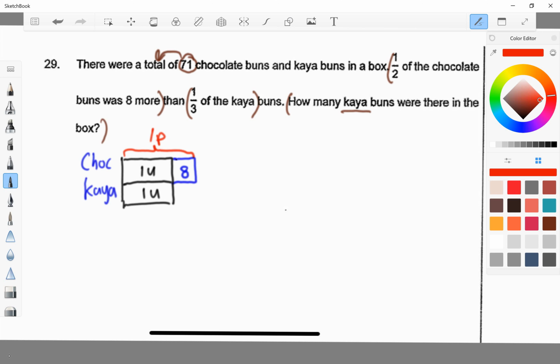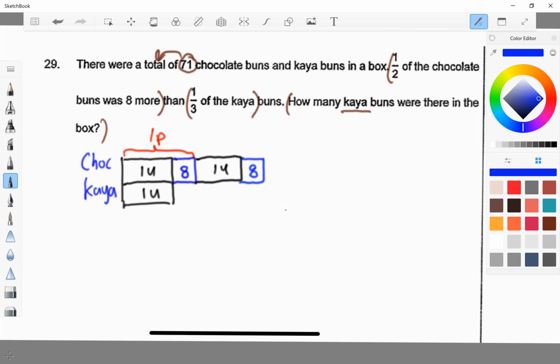Which means that if I complete the drawing for the chocolate, it will be 1 unit with another 8. Something like this. It's not difficult at all. It's actually very, very simple for us to complete our diagram.